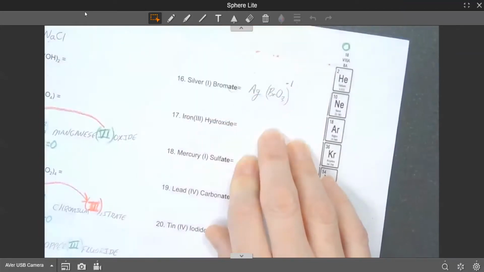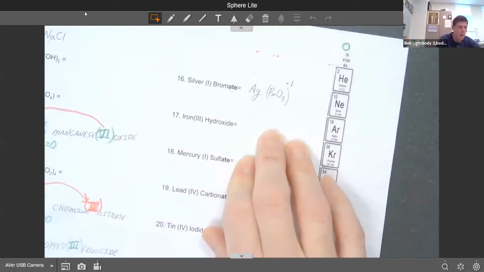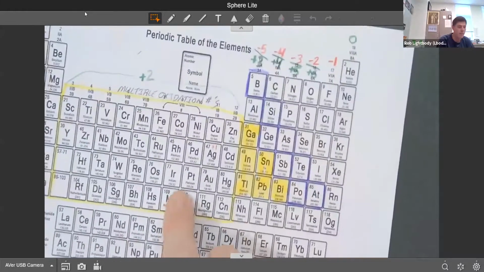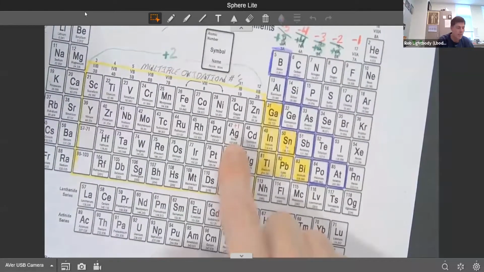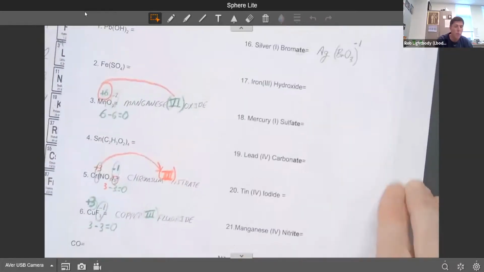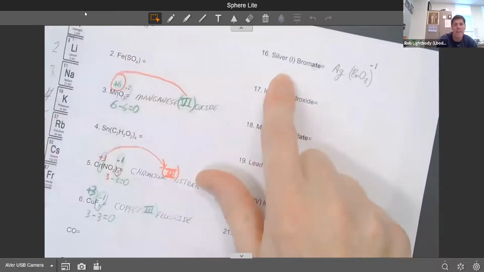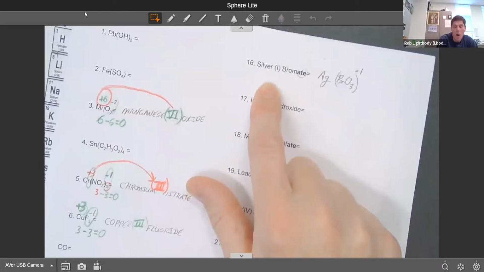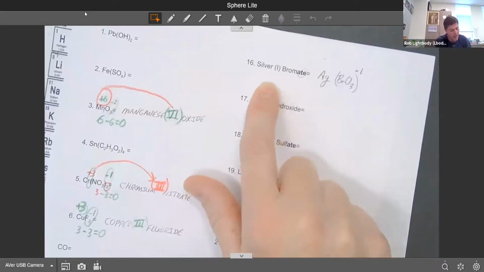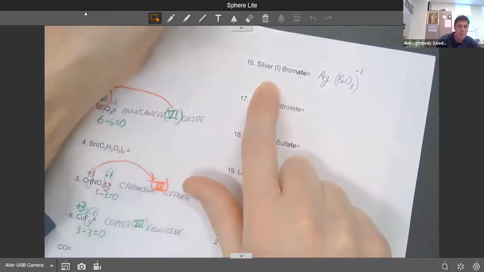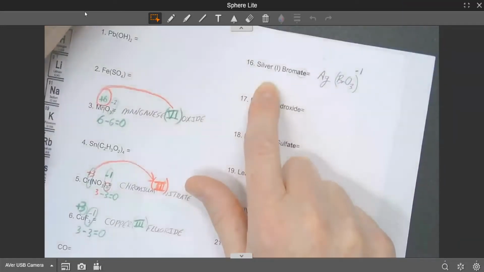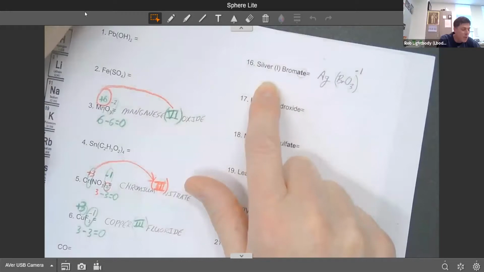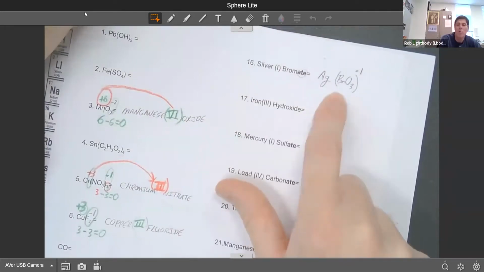Okay, so silver is in that middle section. It can have multiple charges. How do I know which one it's going to have? All I got is a name. It needs to equal 0, but I'm creating the formula.